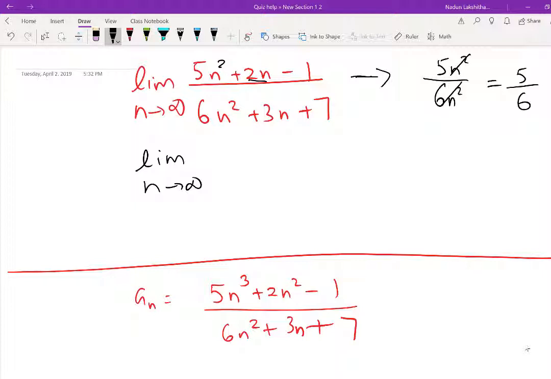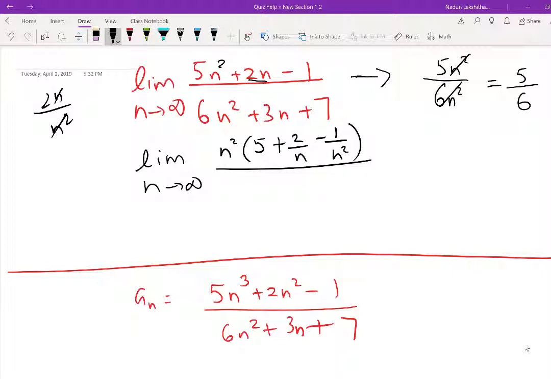The highest power in the numerator is n squared, so I'm going to factor n squared out. So I'm going to have 5 here when I take out n squared. Taking out n squared means you are dividing each term in the polynomial by n squared, right? 2n over n squared, the n cancels out, so this is 2 over n, this is minus 1 over n squared.